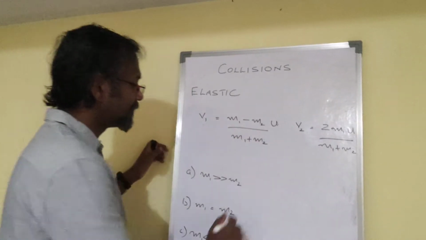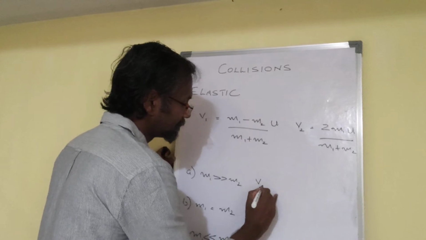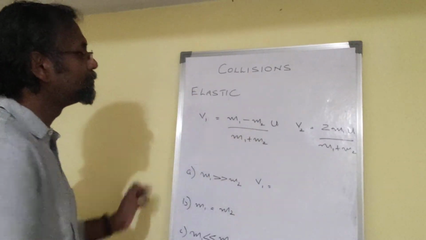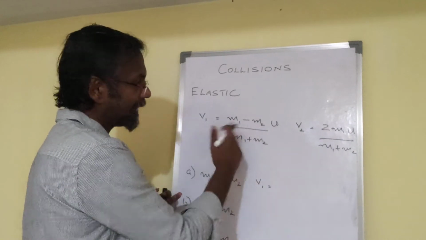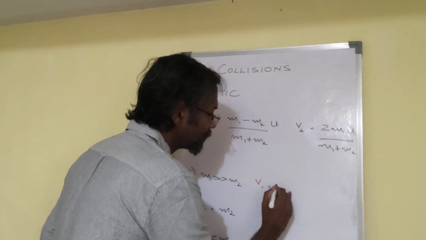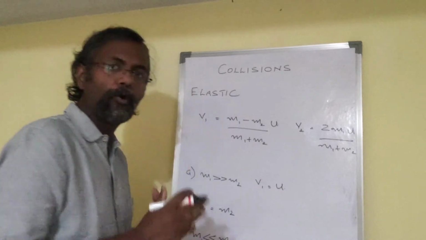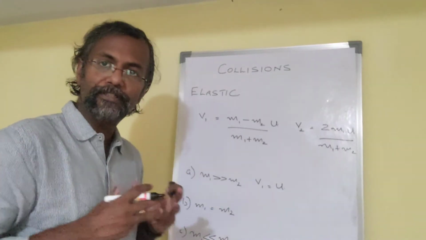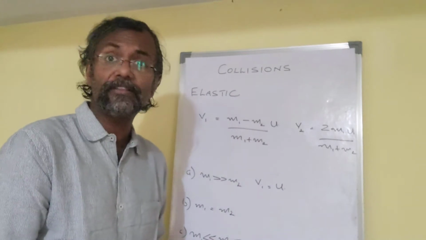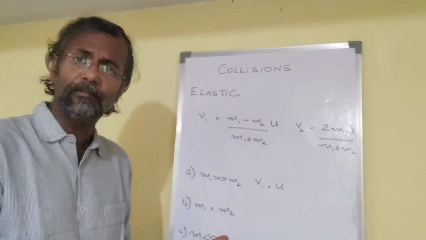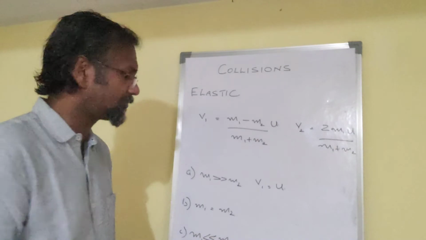In the case of V1, M2 is negligible over here, so M1 cancels, and you get V1 is equal to U. What does this mean? The billiard ball comes, hits the table tennis ball, and continues to move with its velocity as though nothing even happened. That sounds obvious to us.